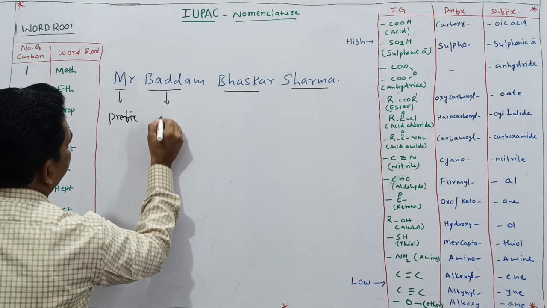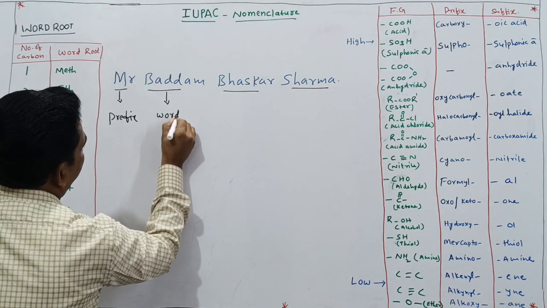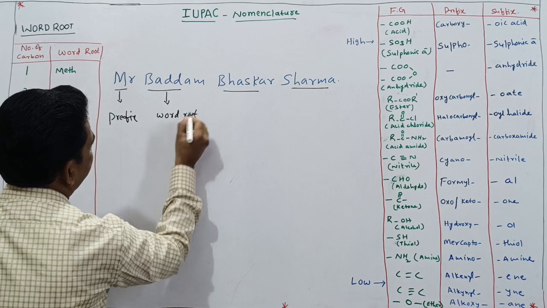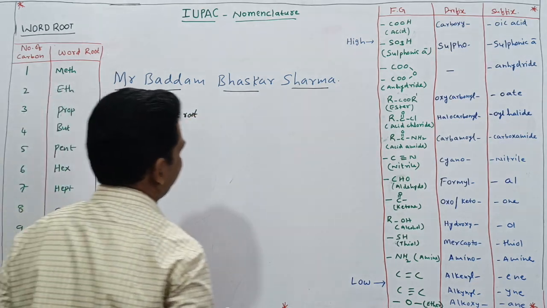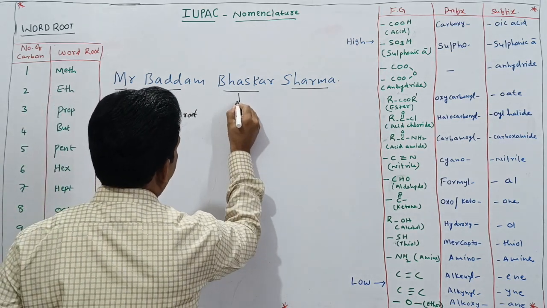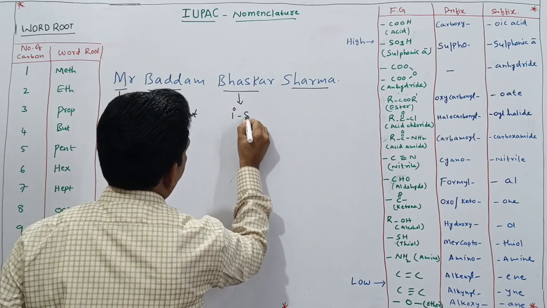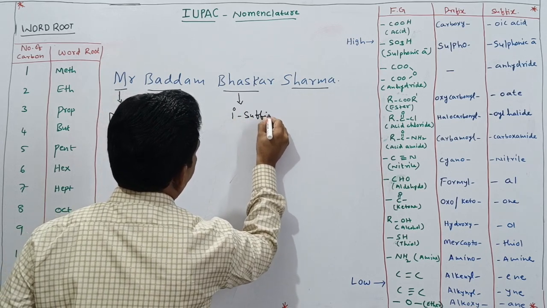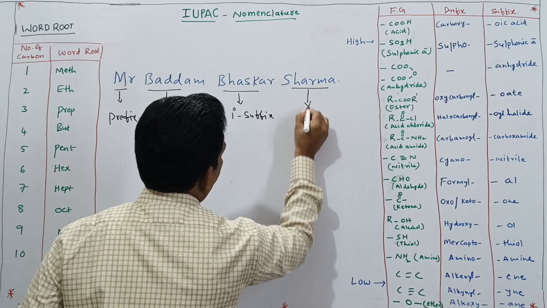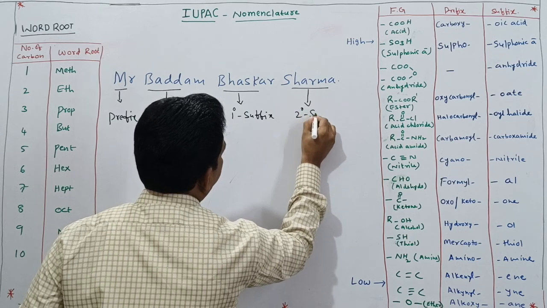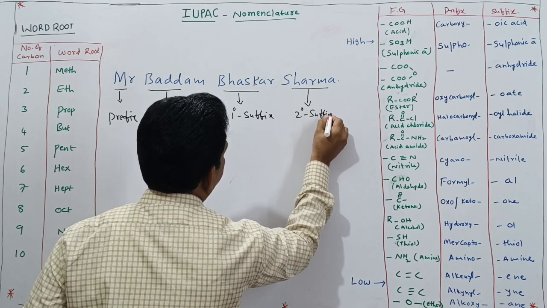Baddam is called the word root. Bhaskar is called the primary suffix, and this is called the secondary suffix.